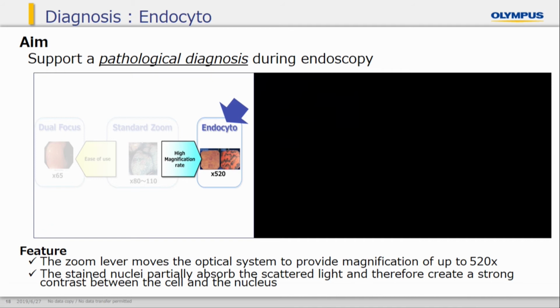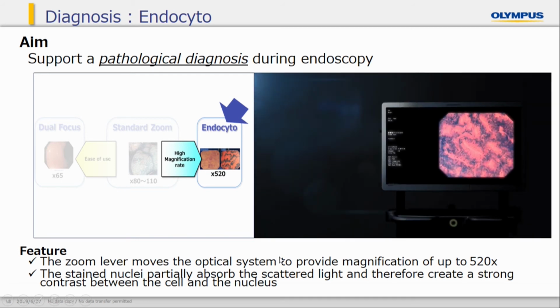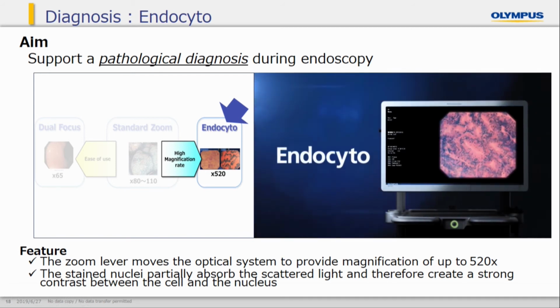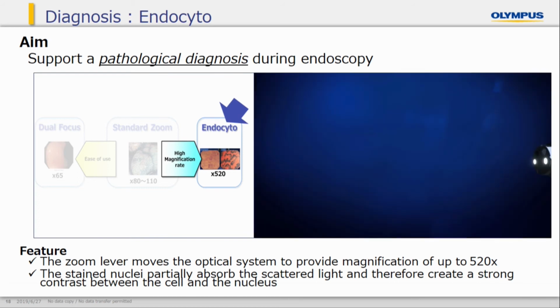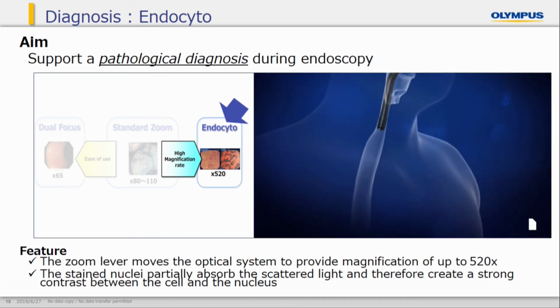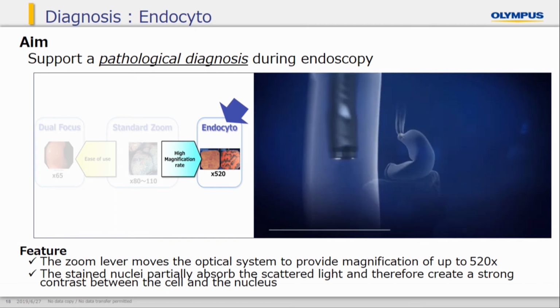The aim of this endoscope is to support pathological diagnosis during endoscopy. Now we have both upper GI and lower GI endoscopes, which have been launched since last year.